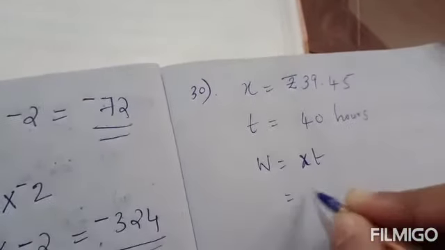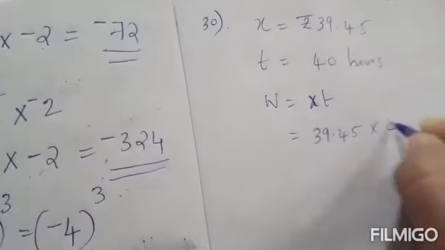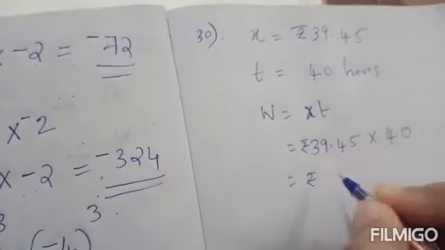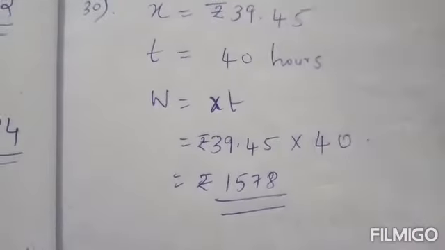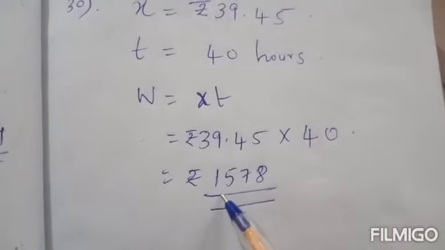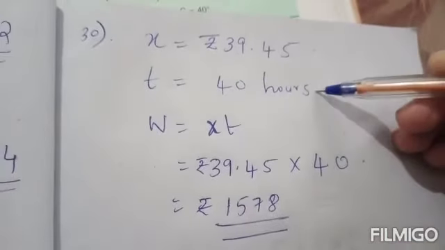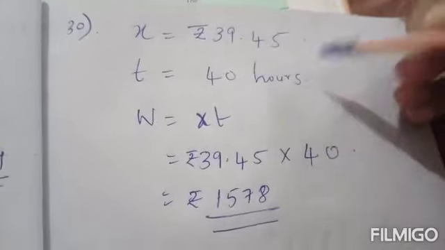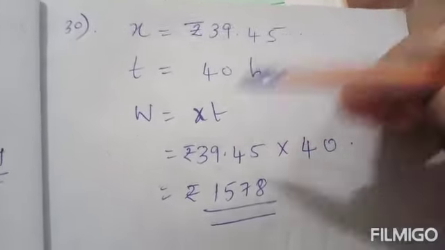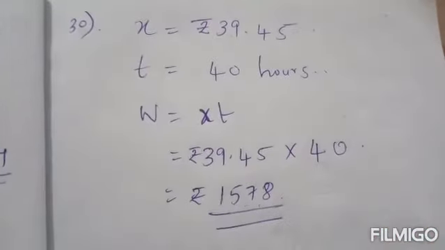Substituting, you will get 39.45 into 40 rupees. So rupees 1578. On multiplying you will get this value. So if a man works for 40 hours at the rate of rupees 39.45 per hour, he will get the wage rupees 1578.